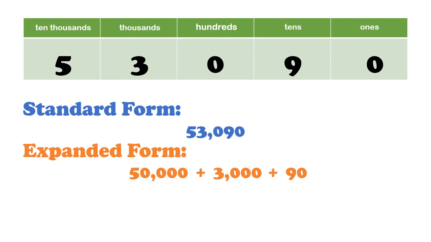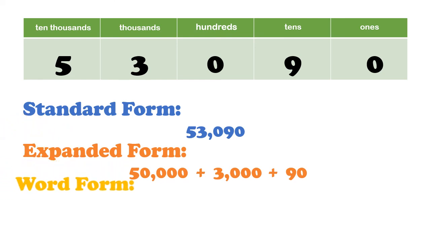Now when I go to my very last column, the ones column, there's a 0 there. Again, I can write plus 0 if I want to, but I'm going to leave it out. So my expanded form is going to be 50,000 plus 3,000 plus 90. Now again, I could have written it 50,000 plus 3,000 plus 0 plus 90 plus 0, but that's a little extra work, so I just left those zeros out.